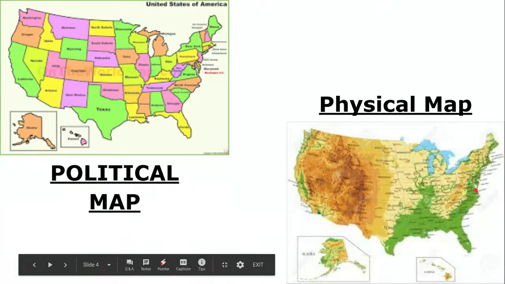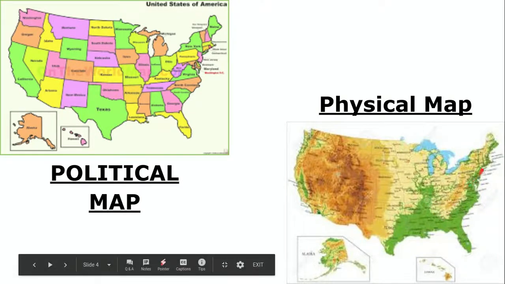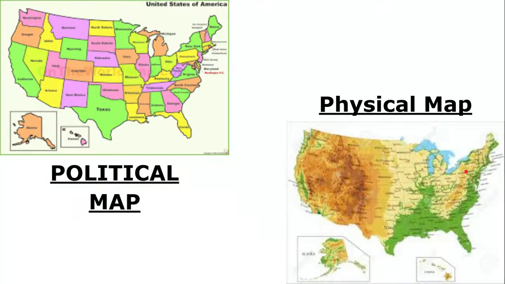This is why the southern states had large tobacco plantations and cotton plantations. Very good farming area. The north, not so much. It's more of a rocky soil that has some forests in it. So that's the difference. The physical map shows location, topography, shape of the earth, land features. Political map is all political.